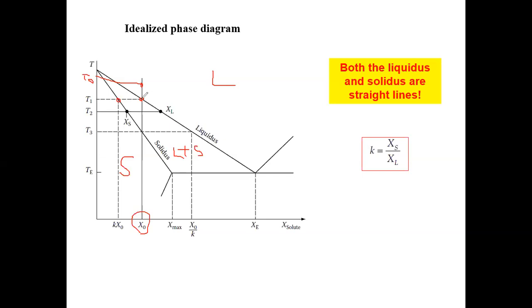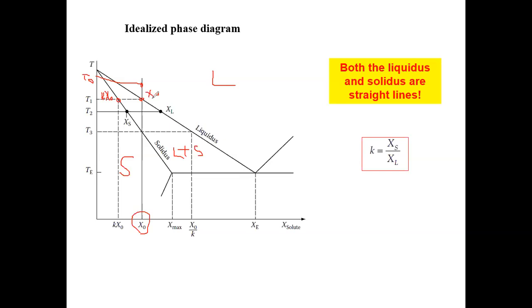So roughly speaking, what is the liquid composition at T1? X naught. What is the solid composition? KX naught. Does this make sense? Because we only know X naught, but we also defined the constant K, which characterizes the ratio between the solid composition and the liquid composition for all temperatures between T1 and T3.